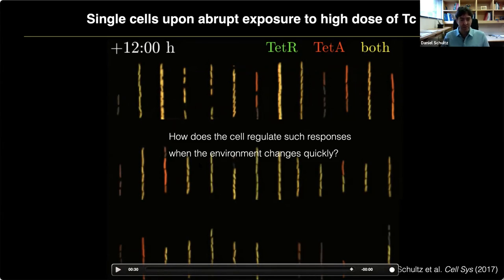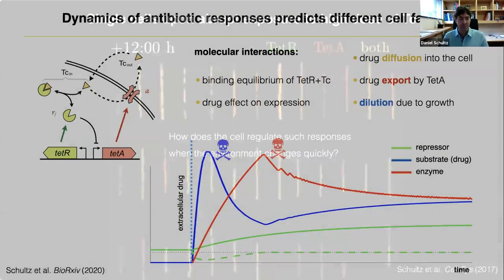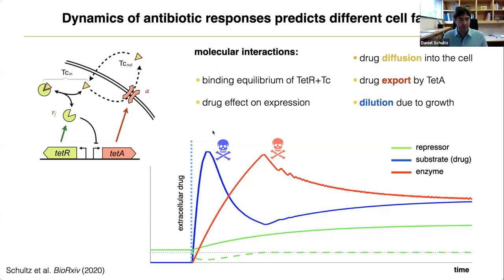So how does the cell regulate these responses when they're in an environment where the drug concentration can change very quickly? We developed a mathematical model to model this response, and I'm not going to go into equations right now, but we use differential equations to include all the main biochemical interactions of this process.